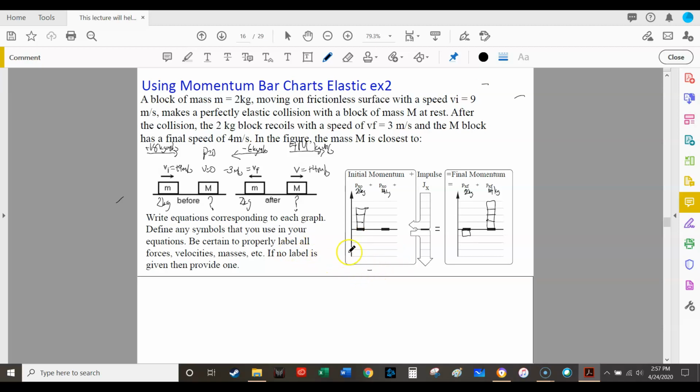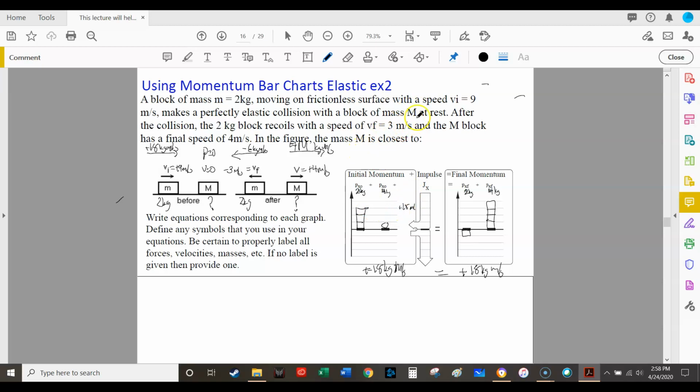Before the impact, this was 0, right? So before the impact, it's positive 18 kilogram meters per second. The total initial momentum is this. Well, in the end, it's got to work out to be a total of 18 kilogram meters per second after the impact, right?